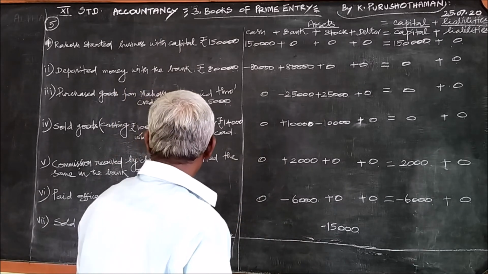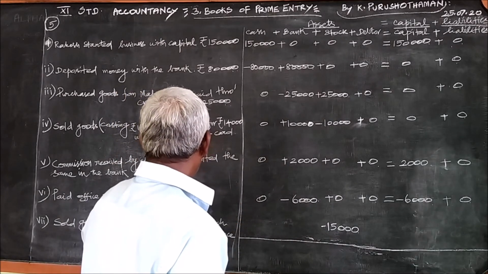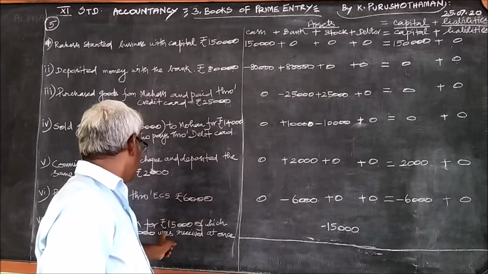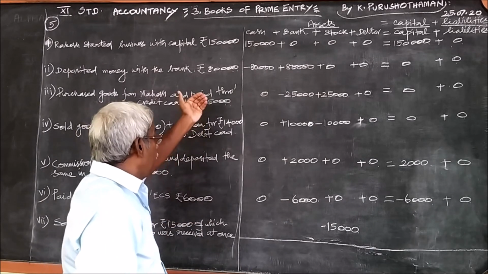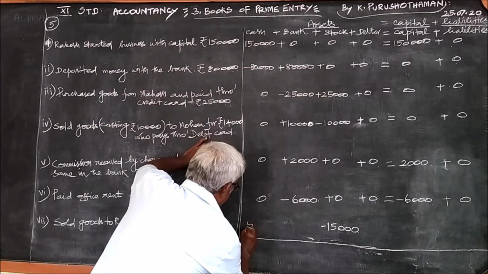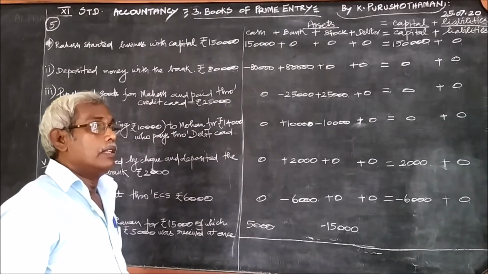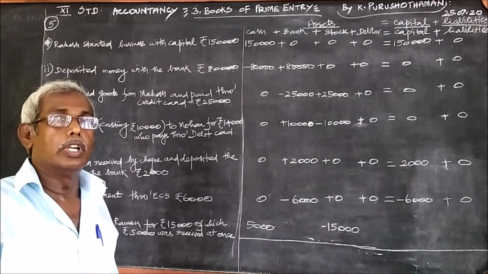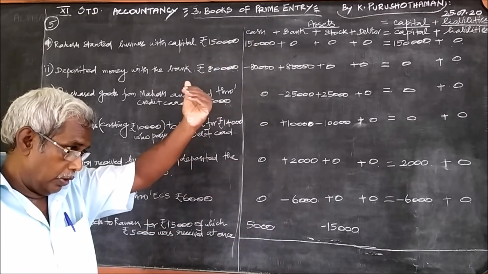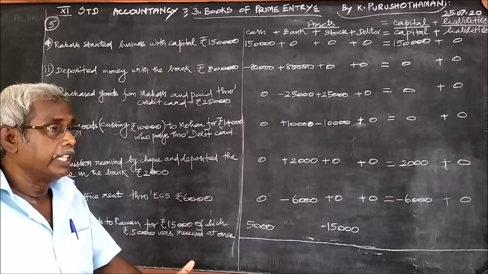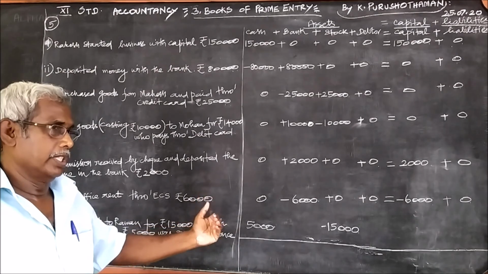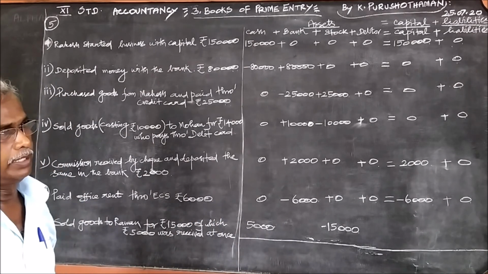Right? Very good. For which 5,000 cash was received at once. So 5,000 cash is coming in. 15,000 goods are sold away, so the value of the goods will decrease by 15,000. So minus 15,000.